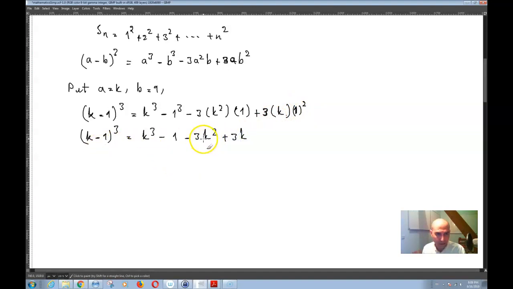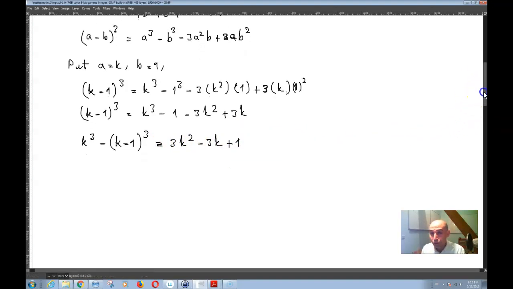I can bring this to the other side of the equation, and write k cubed minus (k minus 1) whole cube is equal to 3k squared minus 3k plus 1.